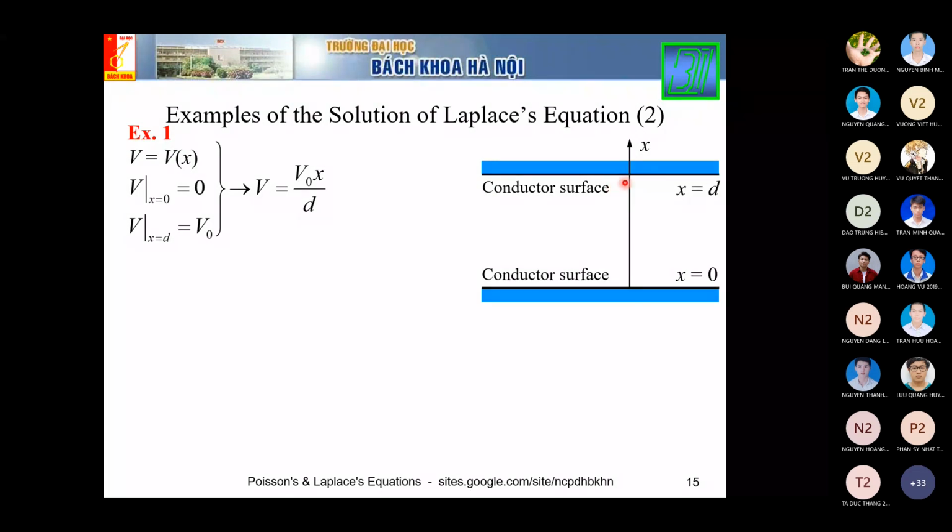So it depends only on x, for example. So the solution here is the distribution of potential within the two plates of a two-plate capacitor. Okay. Now to prove that the solution here is correct, you need to find the capacitance of this system.